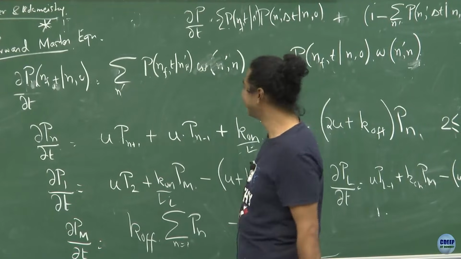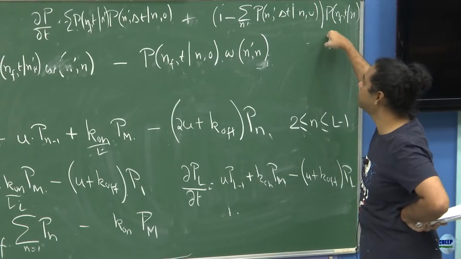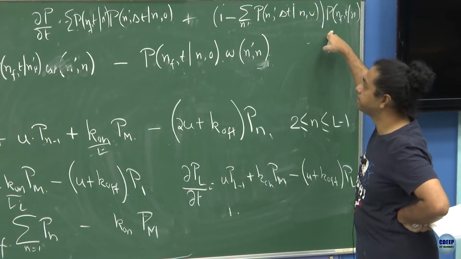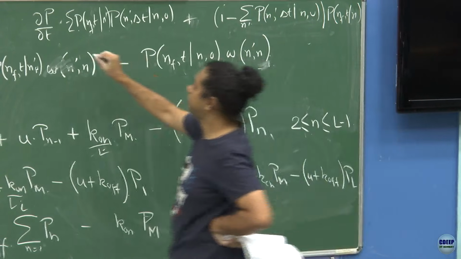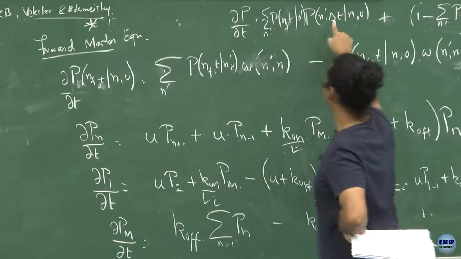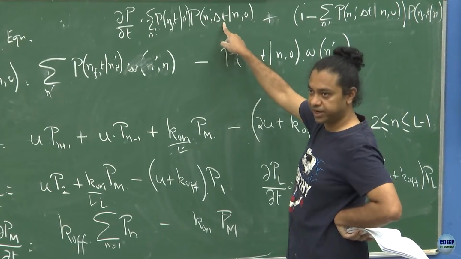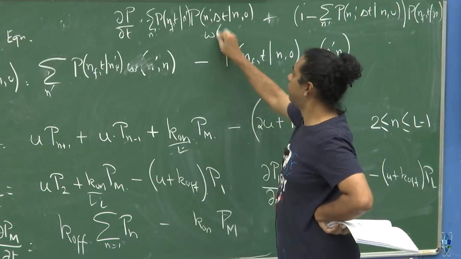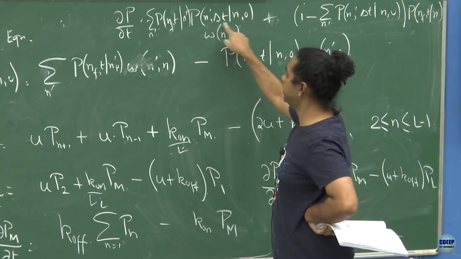Again, if you work this out, you see this summation. This summation is what gets converted to rates, right? Because there is a probability in time delta t. So this is the rate of going from n to n prime times delta t.